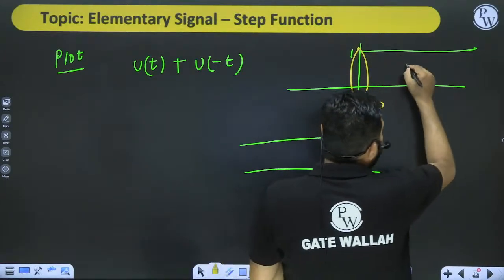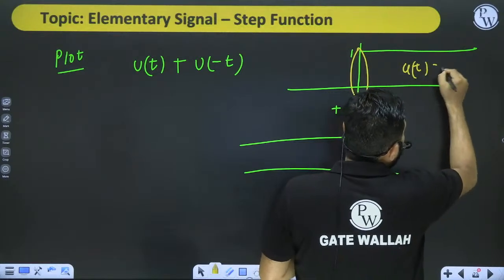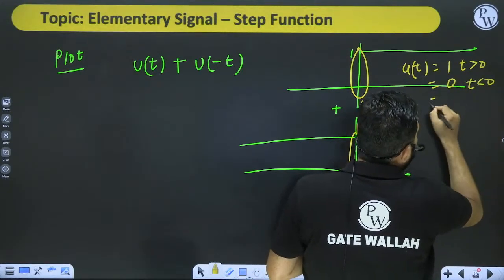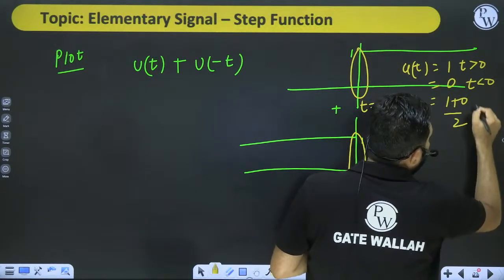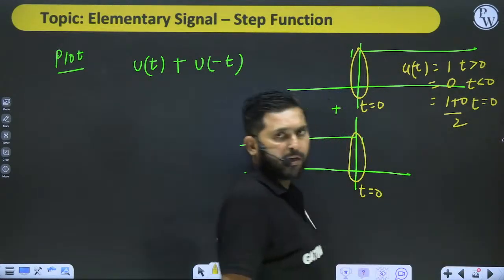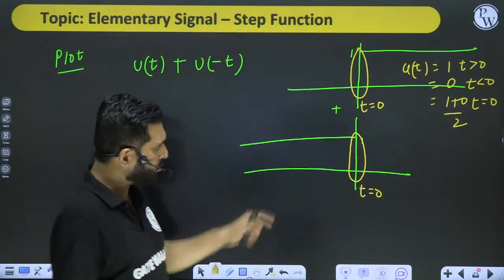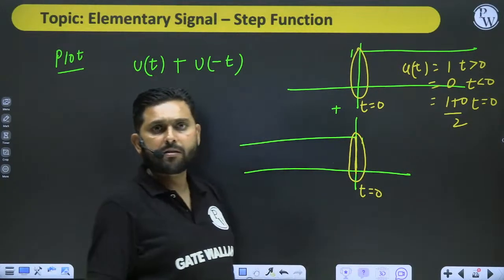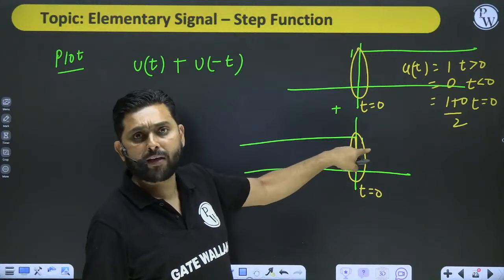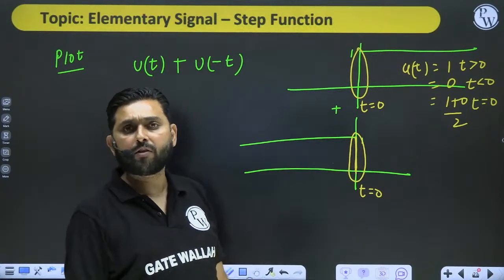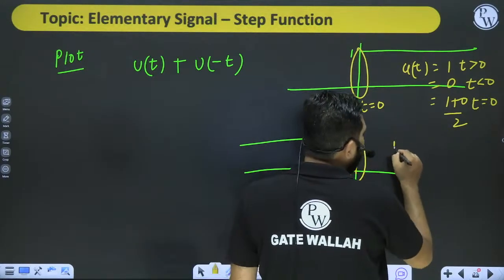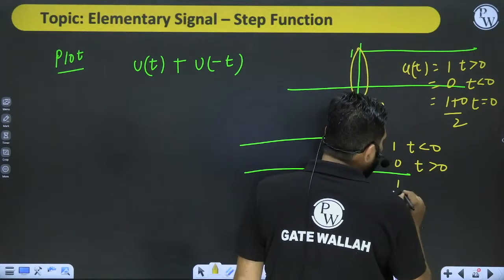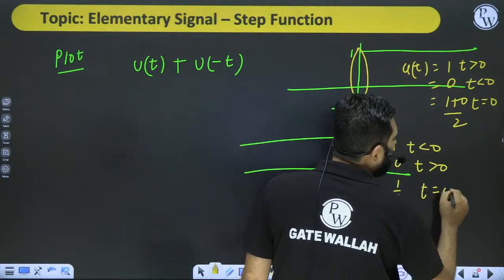Ut is 1 for t greater than 0, is 0 for t less than 0, and I told you it is 1 plus 0 by 2 at t equal to 0, according to the Gibbs phenomenon. Here also, whenever there is a point of discontinuity, the value is not defined ideally. Here it is 1 for t less than 0, 0 for t greater than 0, and again 1 by 2 for t equal to 0.